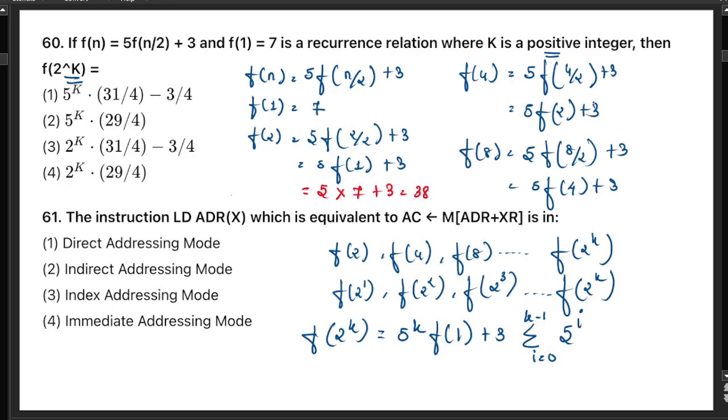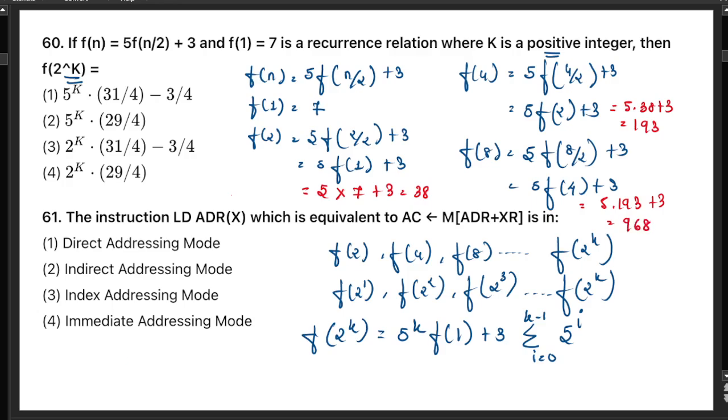Now 5 into 38 plus 3 is 193. And 5 into 193 plus 3 is 968.